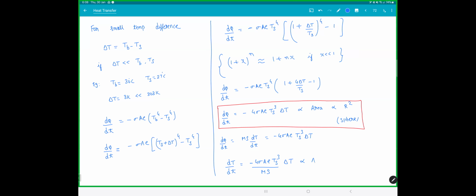This is proportional to area by mass. And for a sphere, area is 4 pi r square and mass is rho 4 by 3 pi r cube. So this is proportional to r square by r cube. That's why this is called a cube square law, which is proportional to 1 by r.